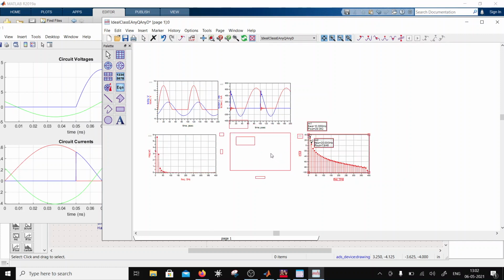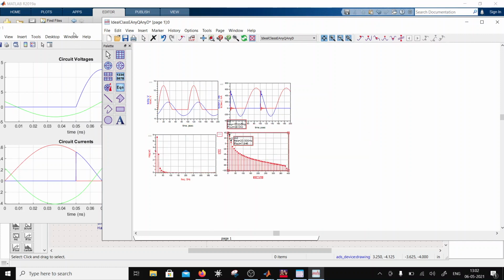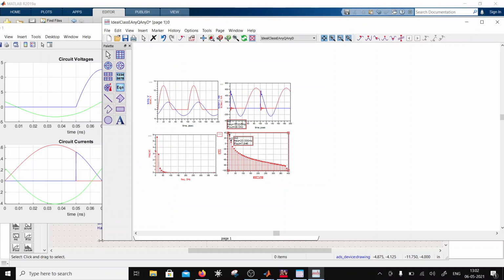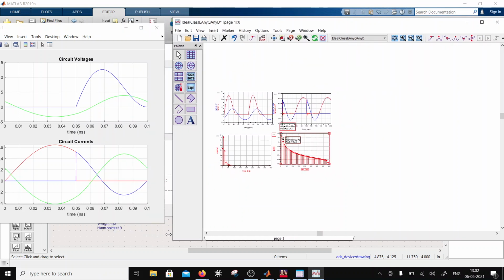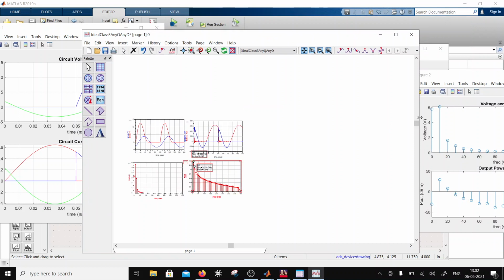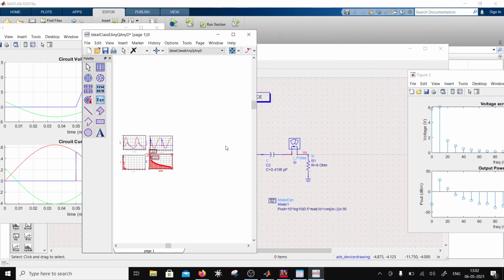Just one second. Compared to the harmonic balance, let me just align them so that you can see all together. And fit.